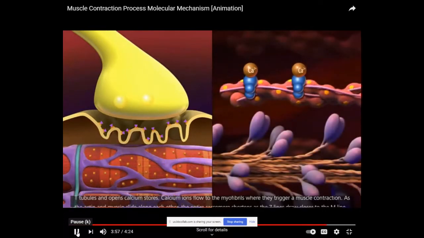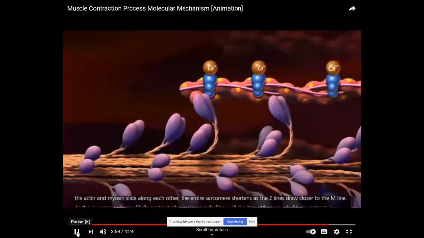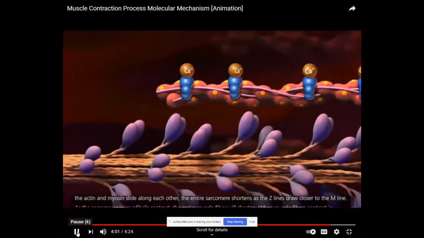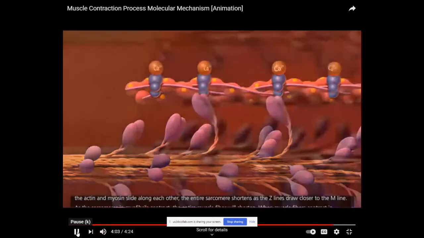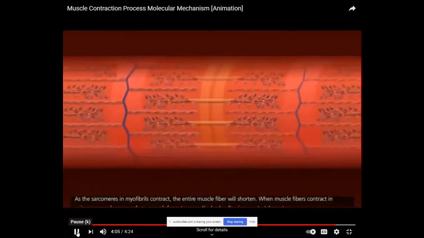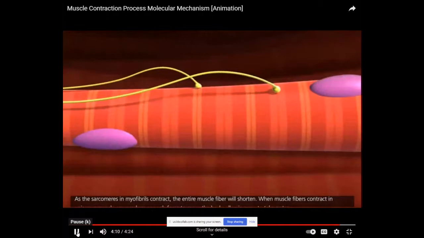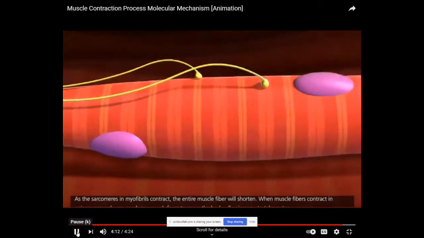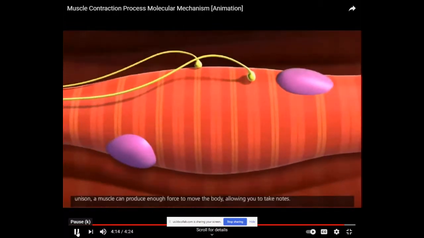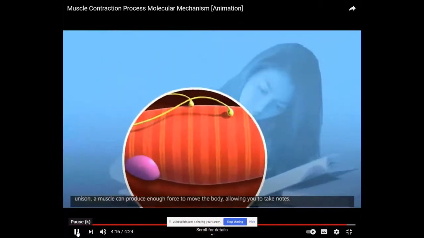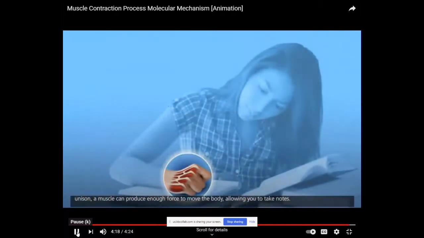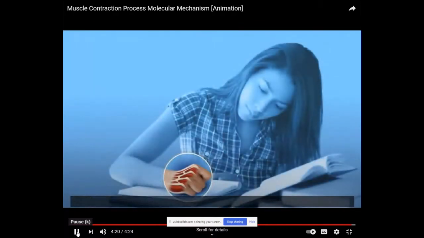Calcium ions flow to the myofibrils, where they trigger a muscle contraction. As the actin and myosin slide along each other, the entire sarcomere shortens as the Z lines draw closer to the M line. As the sarcomeres in myofibrils contract, the entire muscle fiber will shorten. When muscle fibers contract in unison, a muscle can produce enough force to move the body, allowing you to take notes.